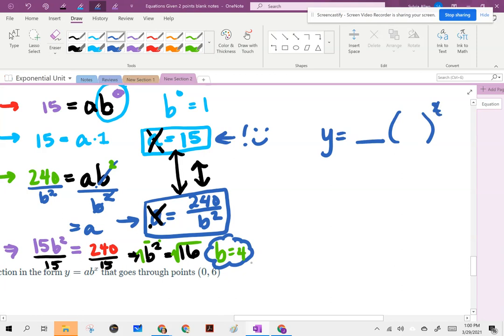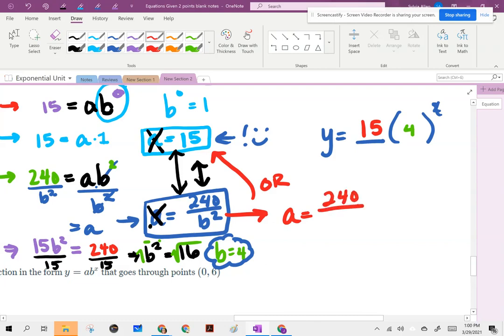Well, we just found the b was 4. And on our initial time, we already found that a is equal to 15. So I can just put the 15 in there. Or I could, according to the last step, calculate a by going 240 divided by b squared.